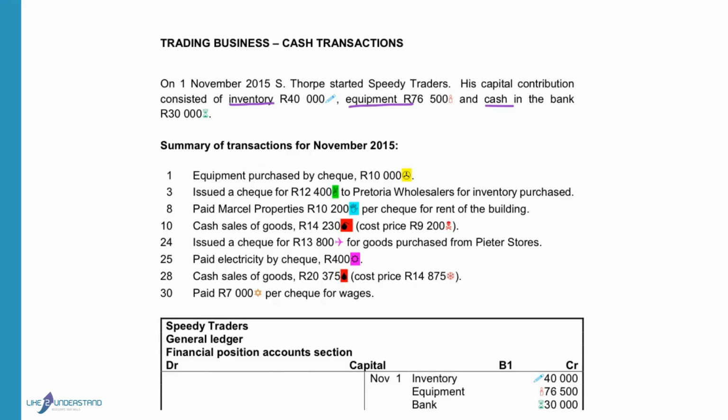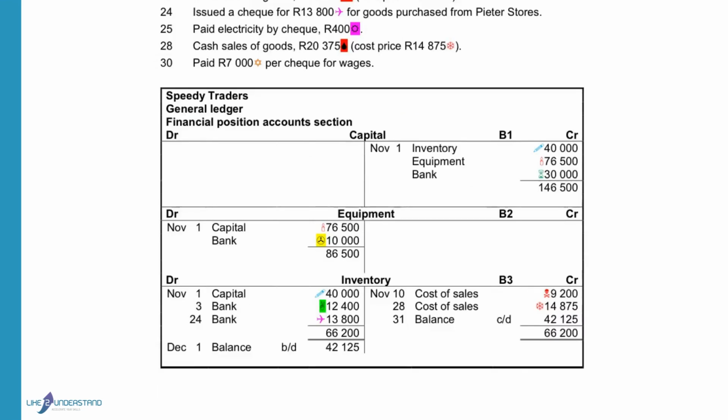the total amount. The capital account will be credited with the 40,000, 76,500 and 30,000 to indicate that the total capital increased with 146,500.